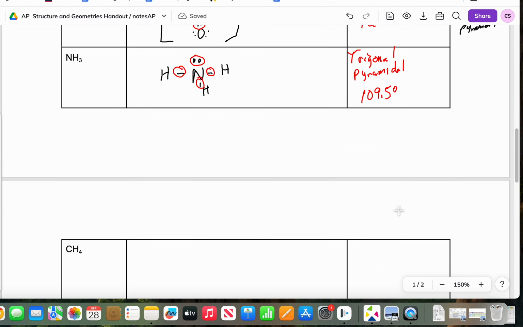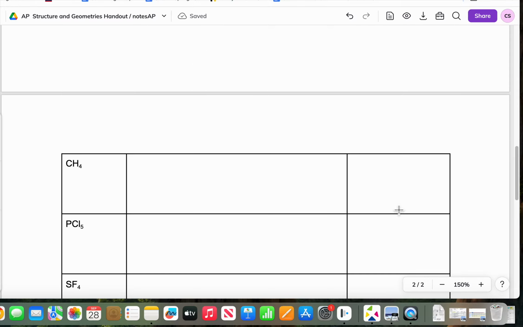Well, we have one more to do here, and that's CH4. You've probably drawn this one a million times. So anyway, C, H, H, H, H. Remember, you can add up the valence electrons here. Carbon only has 4, so 4 plus 4 is 8. 2, 4, 6, 8.